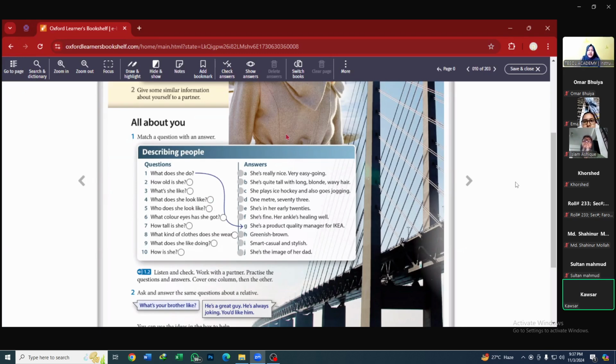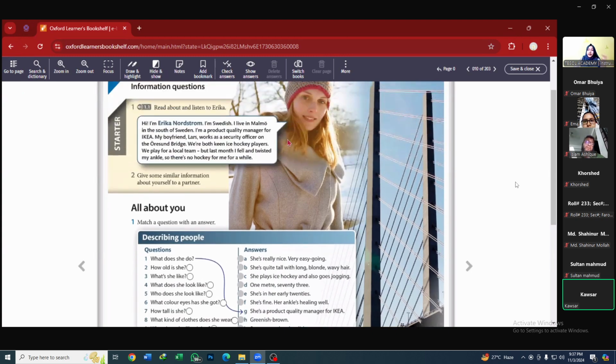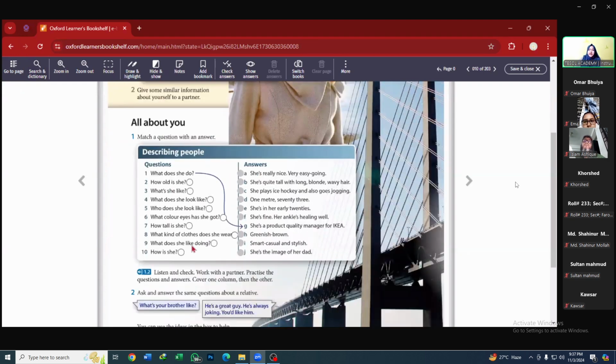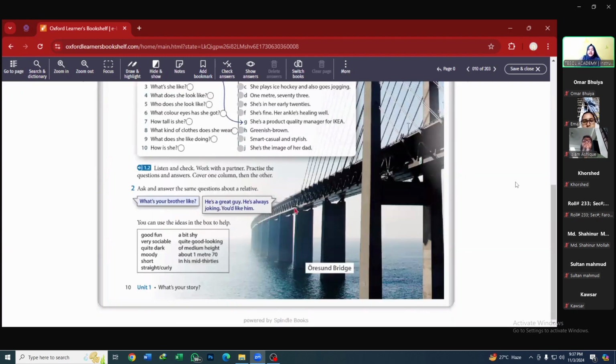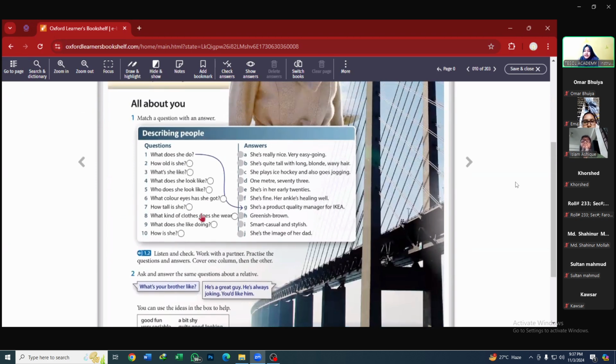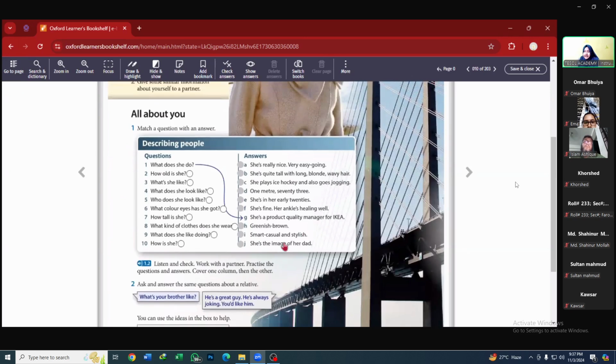The first activity was done by questioning about Erica Nordstrom, whom we got to know. We got more information about Erica through answering these questions. Then, moving on to our next activity, whatever we learned from the first activity, in our second activity, we did practically.